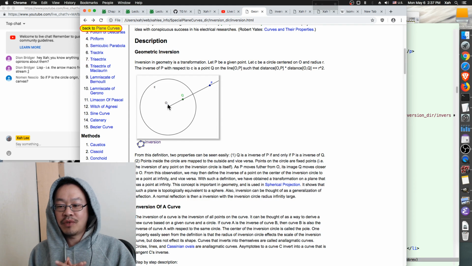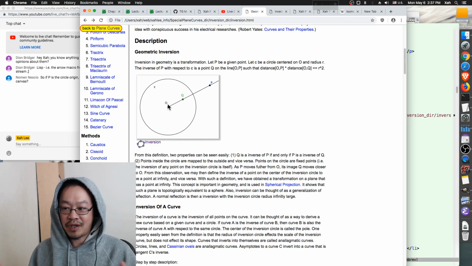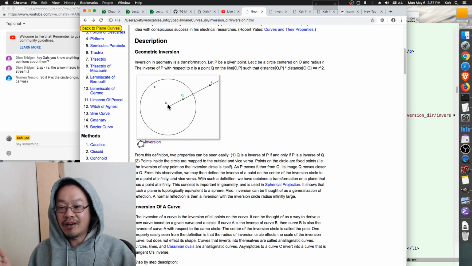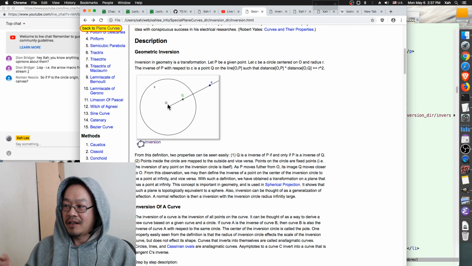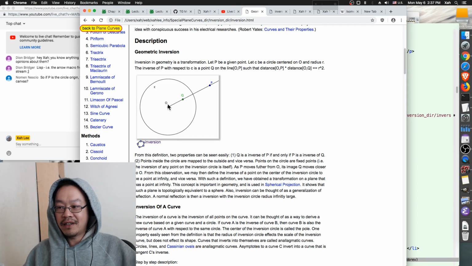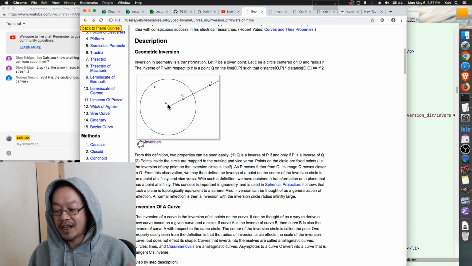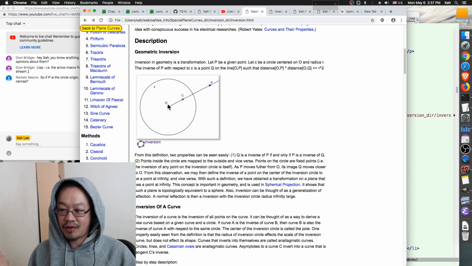One way is to just say that's not defined, like 1 divided by 0. We just don't allow it. So geometric inversion is a function such that every point in the plane gets a new position except one point. We say the function is not defined on that point.